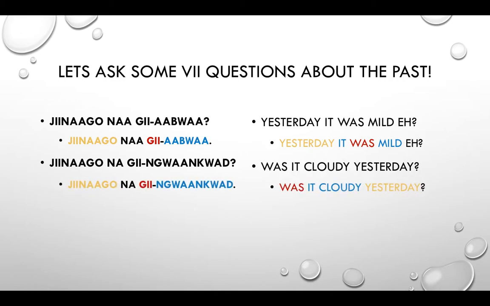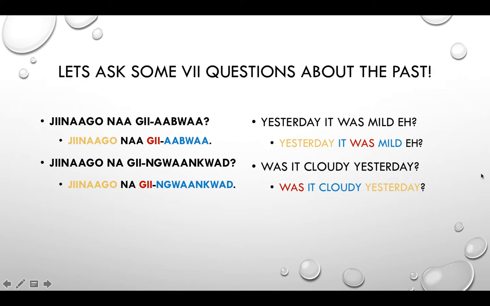So we can see here, jinago means yesterday. Na is just like a question mark here. Gi makes it was, and guan kwet, it is cloudy. But as you can see with our English, the word order has changed to formulate a question.